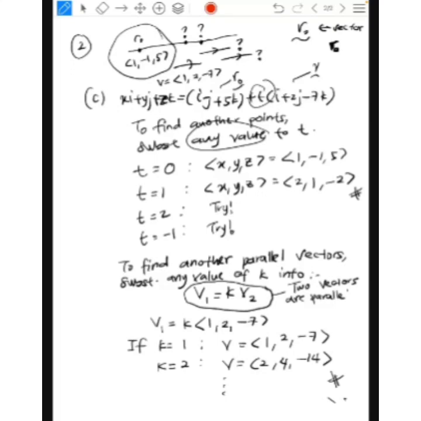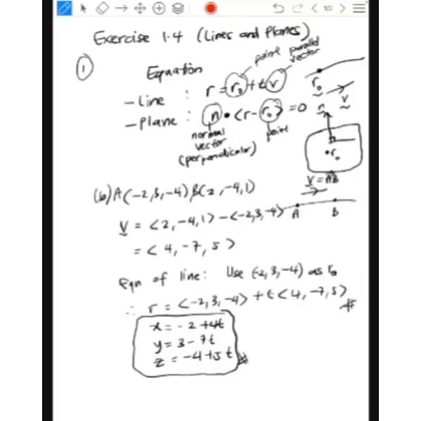Okay, question number 3. Symmetric equation. Okay, symmetric equation ni sama je. Let's say question number 1 is this, the parametric equation. Okay, from here, if the question asks you to find the symmetric equation, then you have to make the t as the subject for that equation.